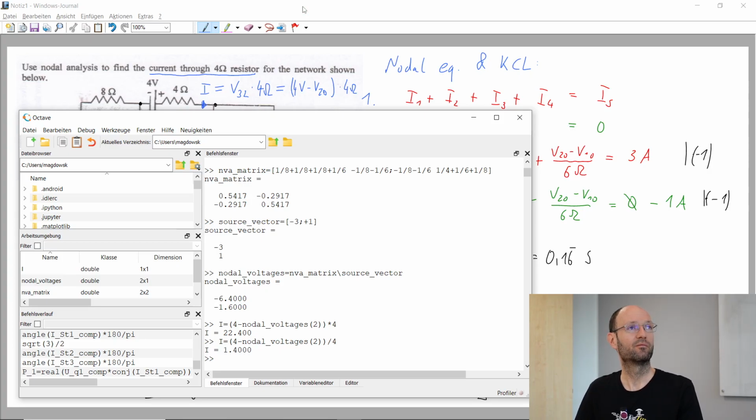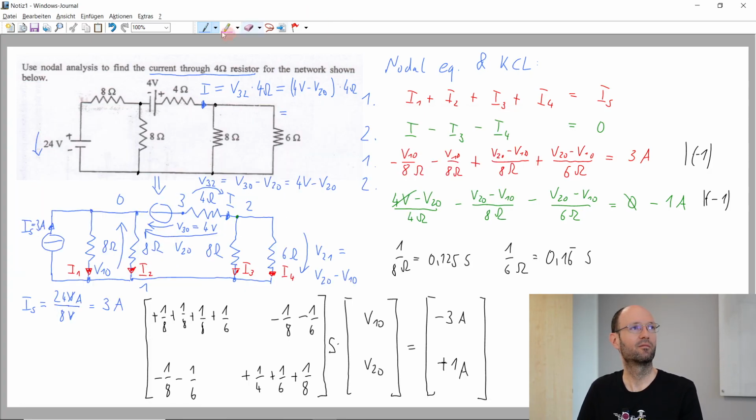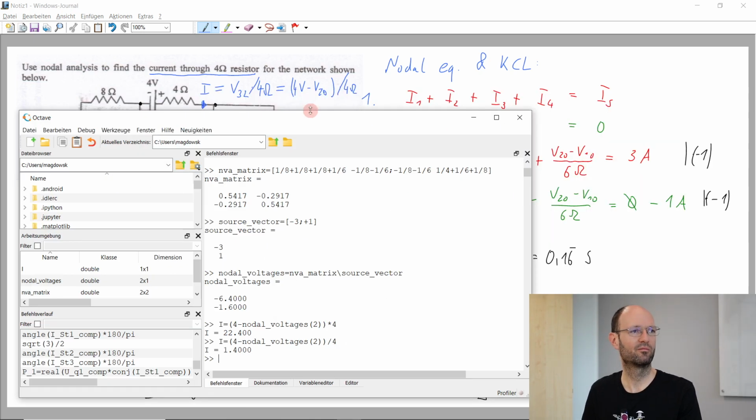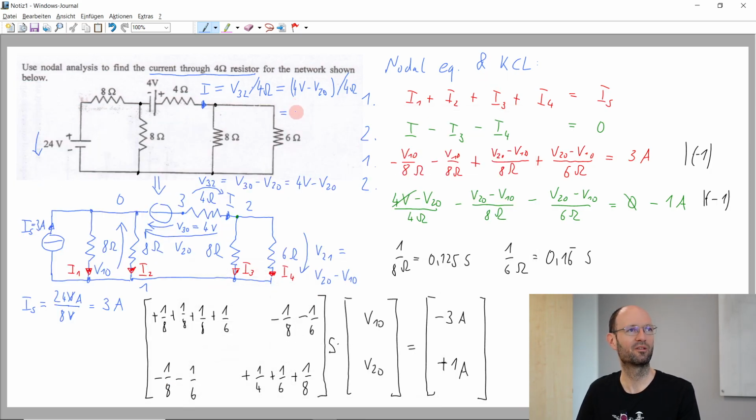I is... Otherwise it would be quite a high value. So 1.4 ampere, this obviously totally makes sense.